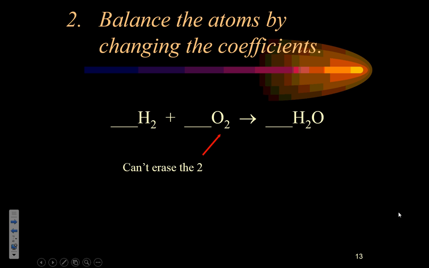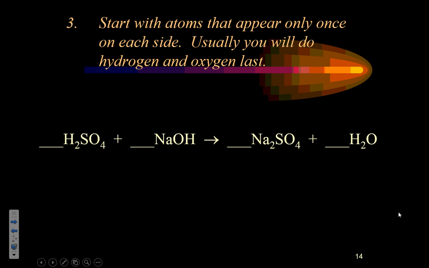It's not O. I know it might work if for some bizarre reason a student stuck a 2 in the middle there and said that means you got 2 oxygens and you started with 2 and you ended up with 2, but that makes absolutely no sense. And then finally, we can't just stick a 2 there. I mean, that makes more sense. H2O2 is a real substance, but it's not water. So we're not going to get the right balanced chemical equation. So you only can add numbers in the coefficient spot. You can't change or add numbers anywhere else.